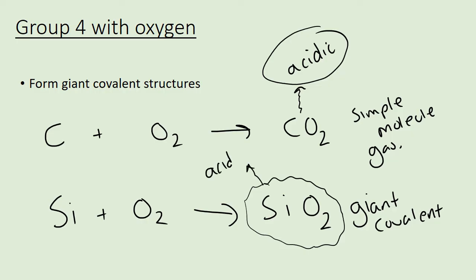Okay, so we've got acidic, giant covalent and acidic. So revision cards again, carbon with oxygen, carbon dioxide, which is acidic. It's a simple molecule, it's a gas. Silicon with oxygen makes silicon dioxide, it's giant covalent and again acidic. With it being giant covalent, that means it is in fact a solid.